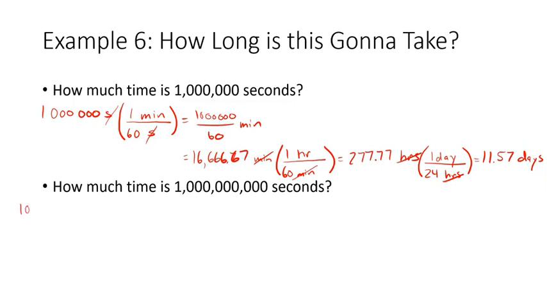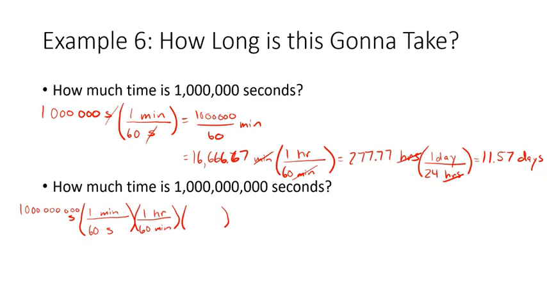Well, 1 billion, and we can convert everything down as far as we had gone before, because we know 1 billion seconds, 1 minute. There are 60 minutes in 1 hour.